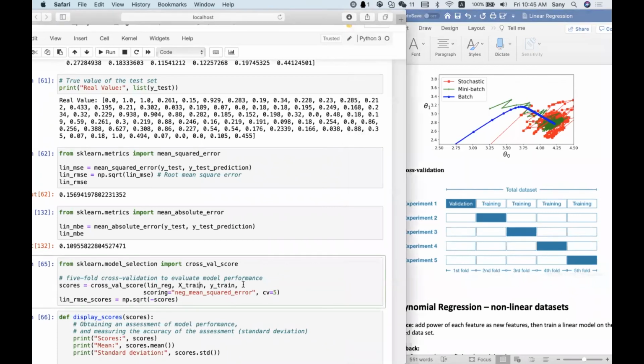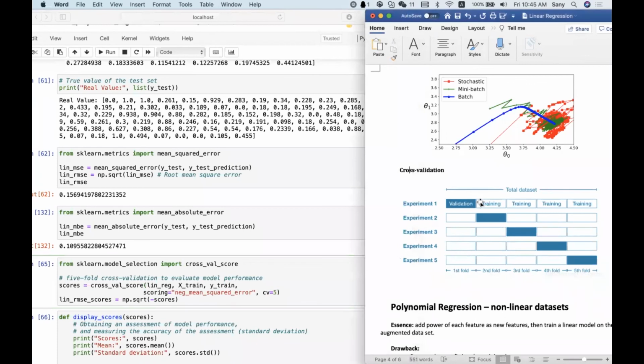We call it a fold here. Like how we set it, CV is equal to five, so it means five-fold. You will do some random splits on that data set. Here is the first fold, second fold, third fold, and the others.